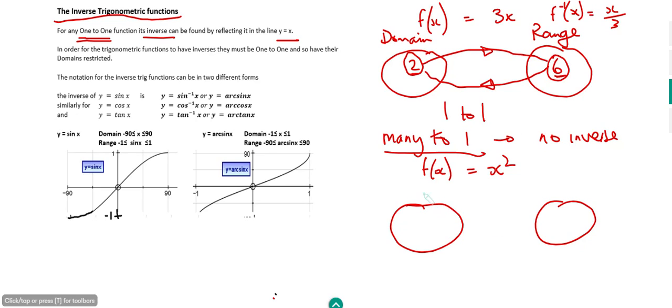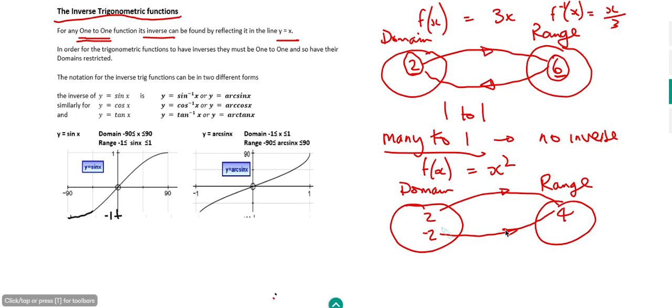So for a value in our domain here of 2, if we square it, then we get to a value in the range, which is going to be 4. So that's all fine so far. But we also know that if we were to put in -2, square a negative number, we'll get a positive answer again. So that will also take us to 4.